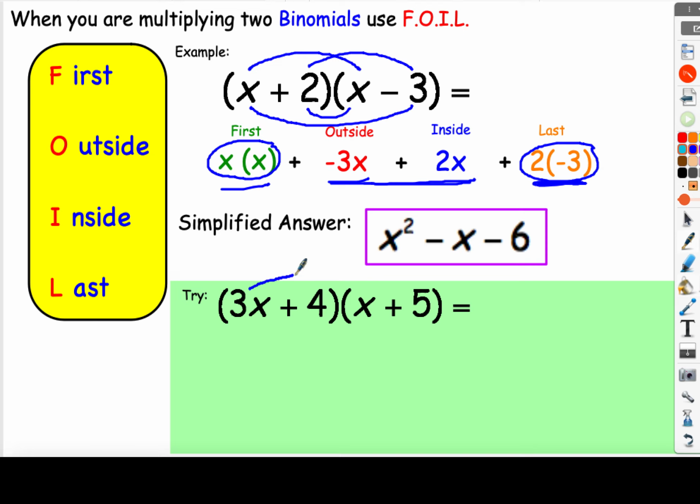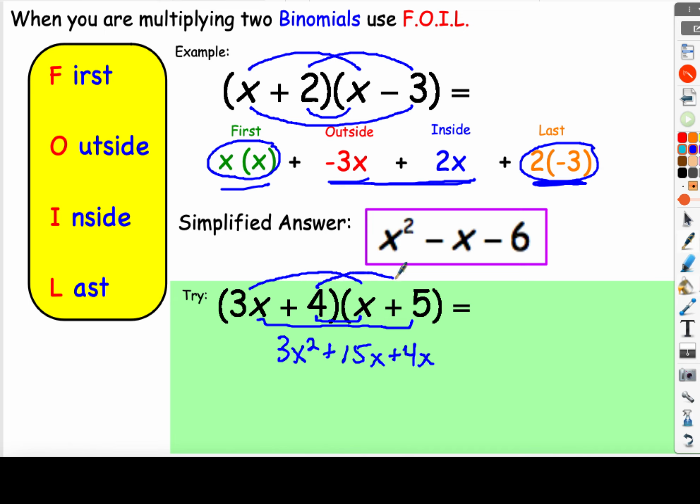First is going to be a 3x squared. Outside, we're going to multiply 3x and 5. I'm going to call that 15x. Inside, we've got that 4x.